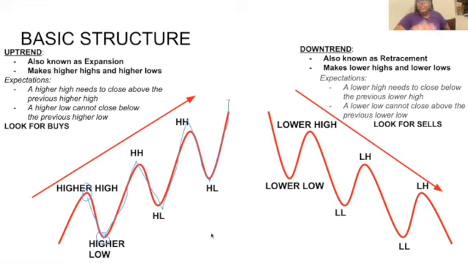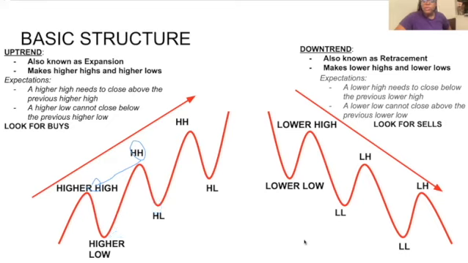That's all the market is doing in an uptrend. So your expectation during an uptrend is that every new higher high must surpass the previous higher high and close above it, and that every higher low stays above the previous higher low and closes above it.